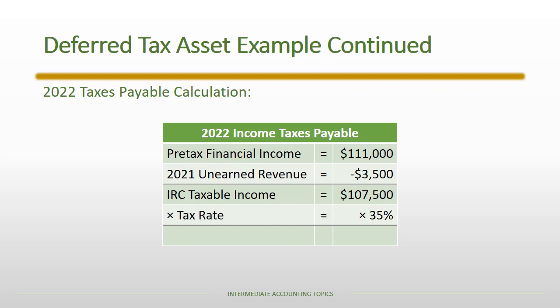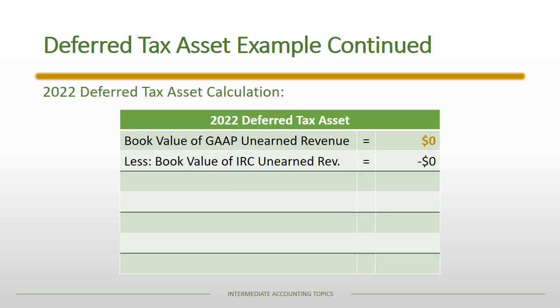We apply the tax rate of 35%, which gives us income tax payable of $37,625. Again, now since we don't have any outstanding deferred tax asset account balance, the book value of the GAAP unearned revenue is zero. Of course, the book value of the Internal Revenue Code unearned revenue is also zero.